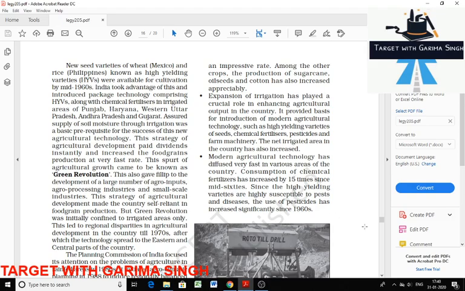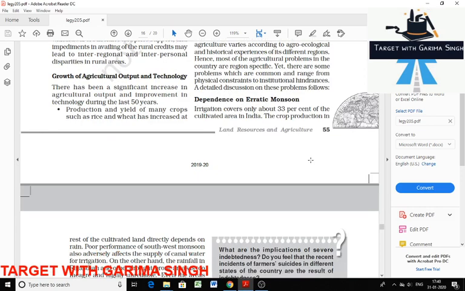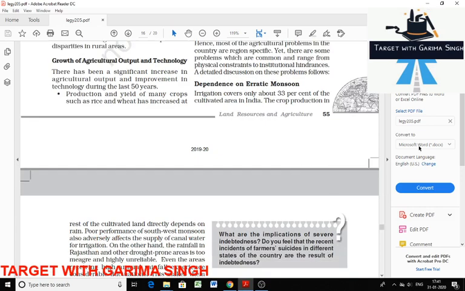Then problems of Indian agriculture. Now we will discuss the problems. Dependence on erratic monsoon: the nature of the southwest monsoon is very fluctuating, which causes flood and drought situations in India. Then low productivity. India also lags behind in terms of per hectare production and per person production at the international level.